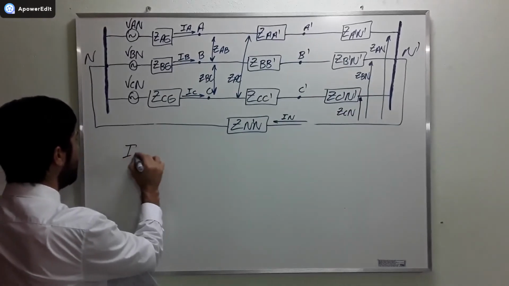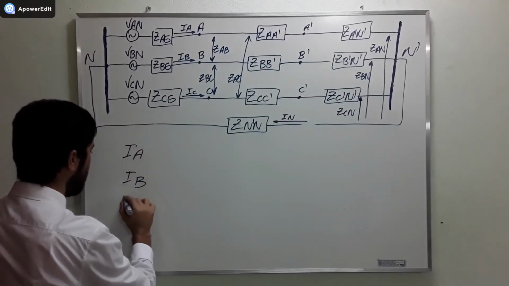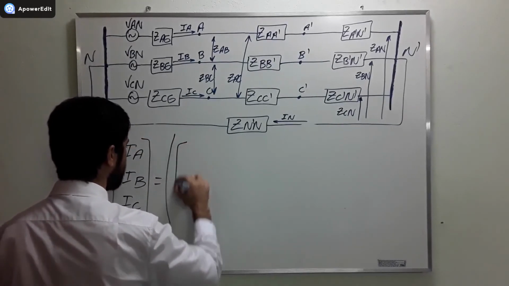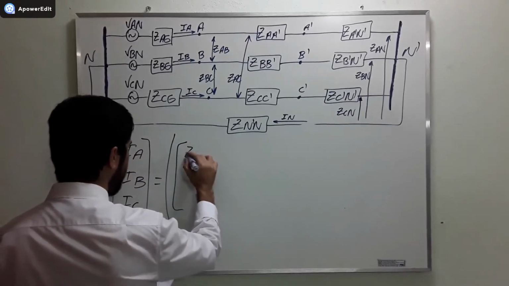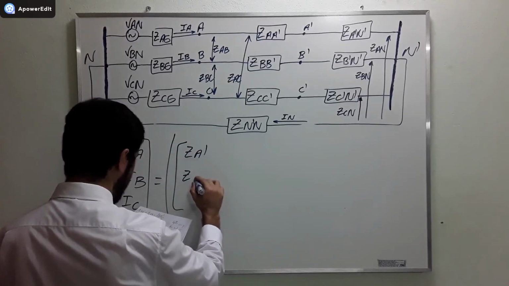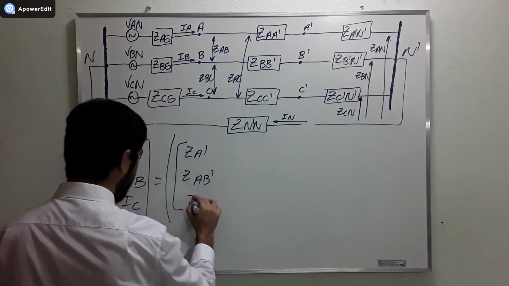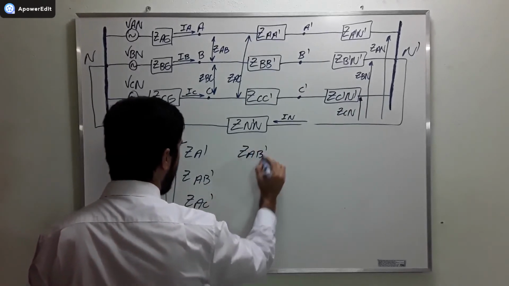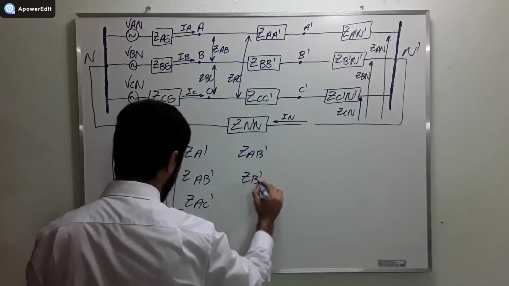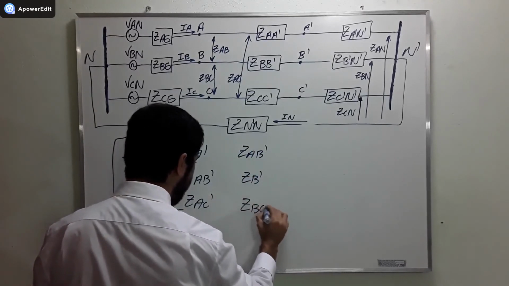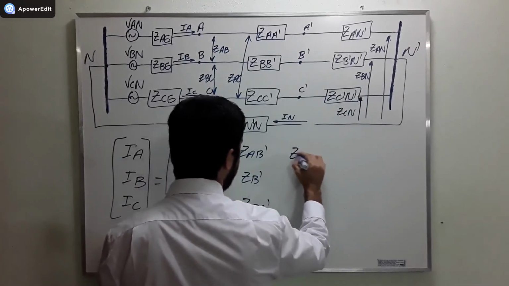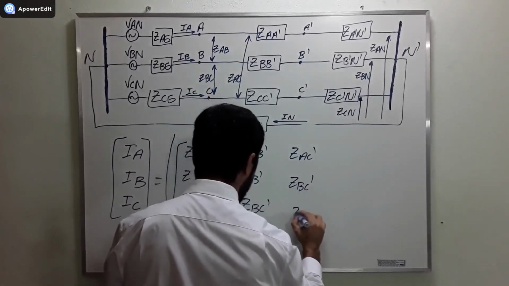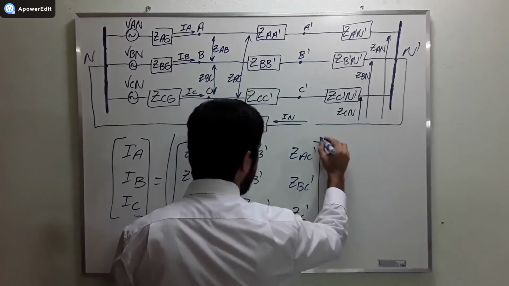It's going to be IA, IB, IC equals ZAA prime, ZAB prime, ZAC prime, ZAB prime, ZB prime, ZBC prime, ZAC prime, ZBC prime, ZC prime.